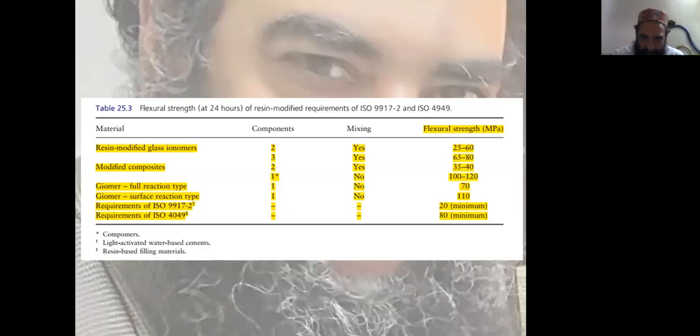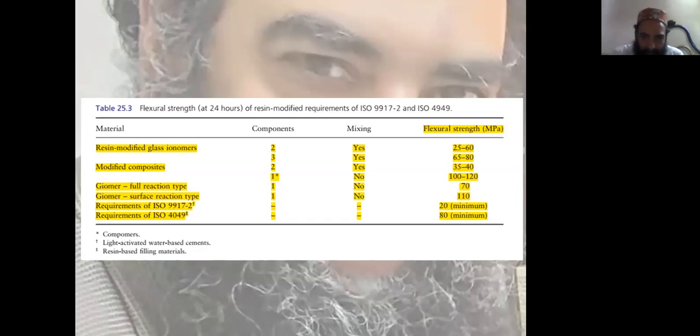Modified composites, two component, again requiring mixing, and if a single component, then it will require no mixing. So two component having 35 to 40 megapascals and single component having 100 to 120 megapascals.